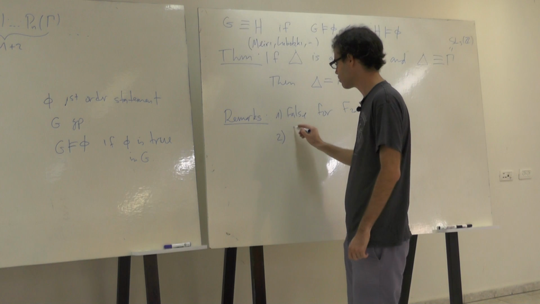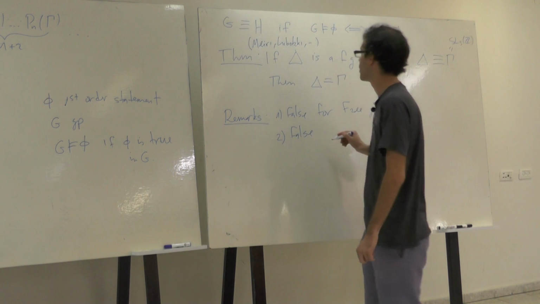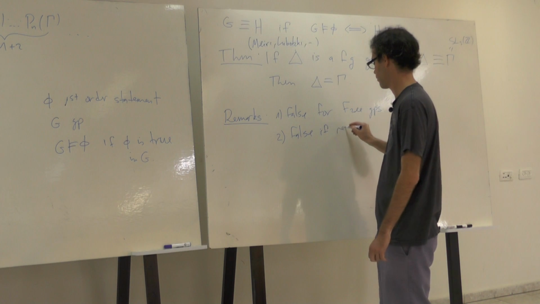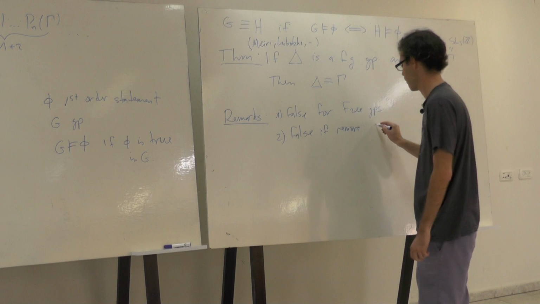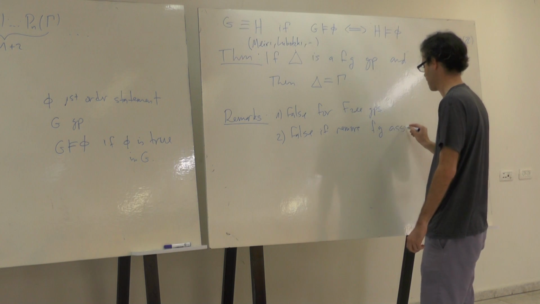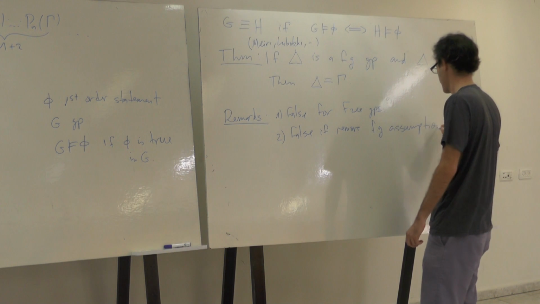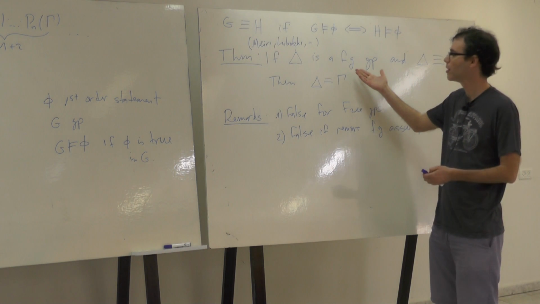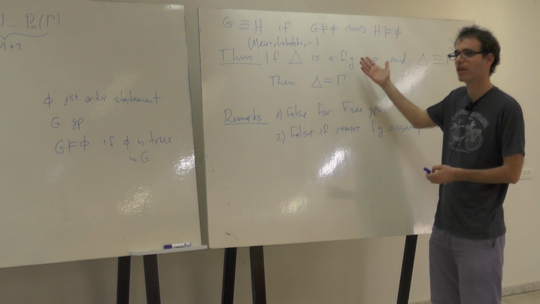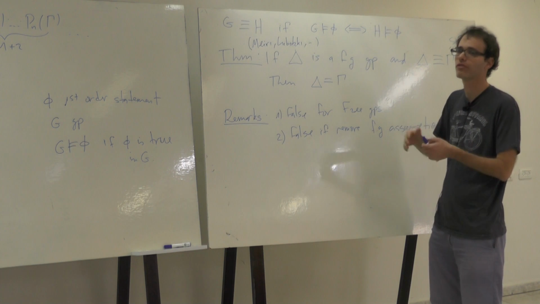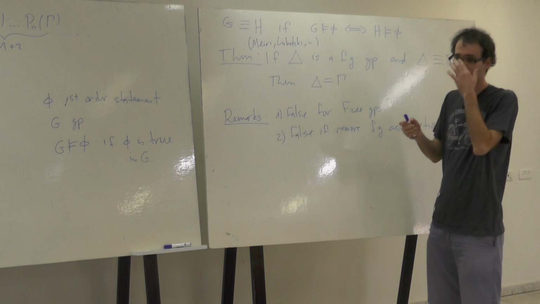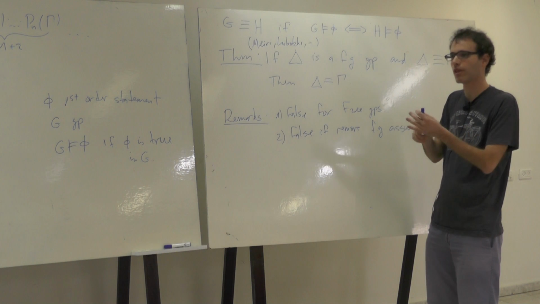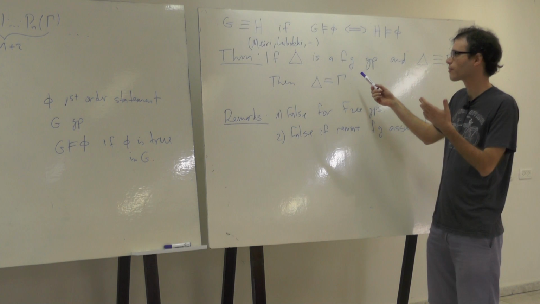And it's also false if you remove the finite generation. So can you give an example of a group? No, but this is on general grounds. You always have a model which is elementary equivalent, but not isomorphic.